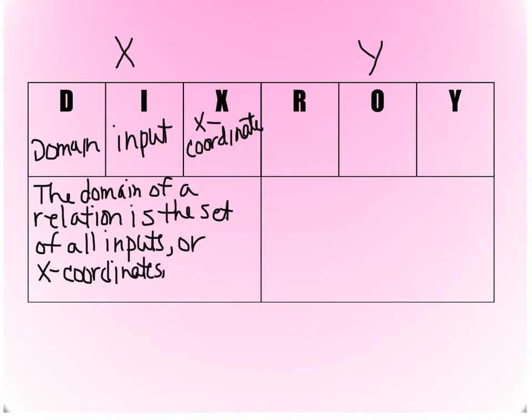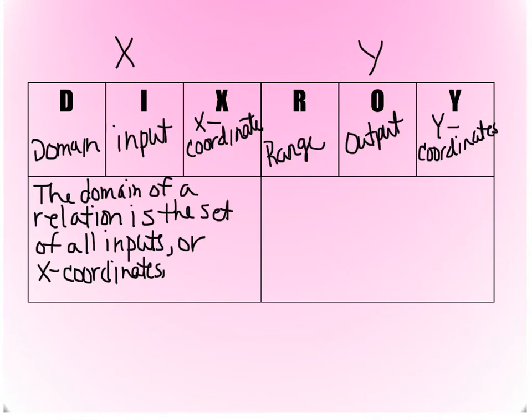Now your Y, this can be called your range. It can also be referred to as your output, and it can also be referred to as your Y coordinates. So those are three different words for your Y coordinates.